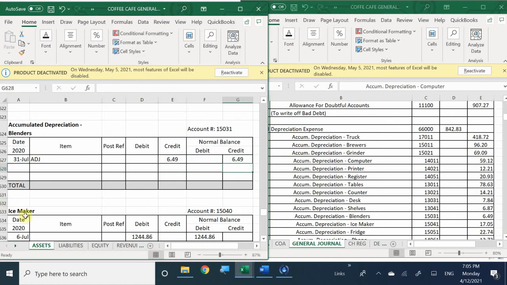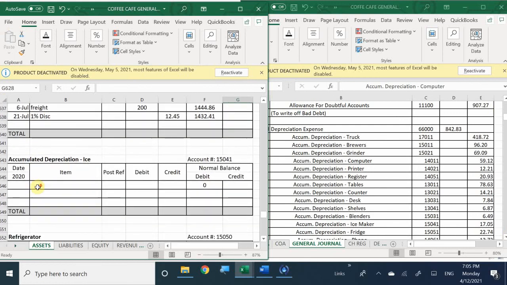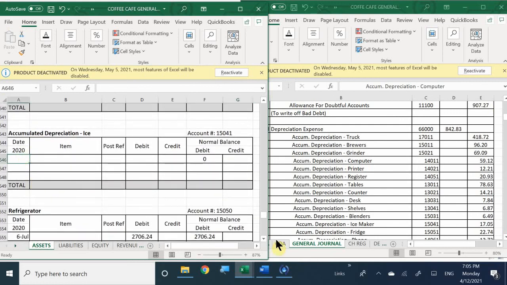Next, we have our accumulated depreciation for our ice maker, $7.31. Once again, adjustment, and it's going to be for a credit balance of $17.05.